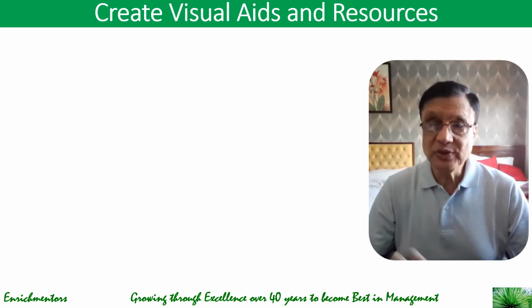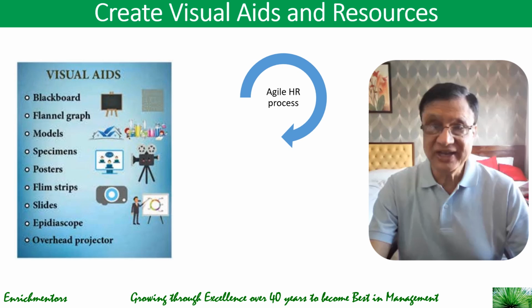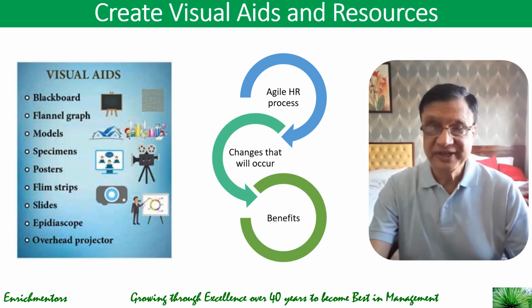Use visual aids to make the Agile HR transition easier to understand. You can use infographics, slide decks, or videos that explain the Agile HR process, the changes that will occur, and the benefits. These can be used during meetings, shared via email, or posted on the company intranet.